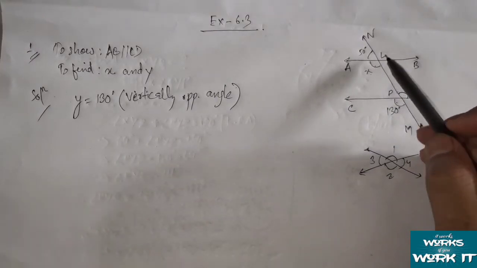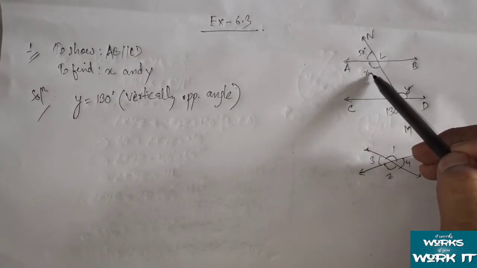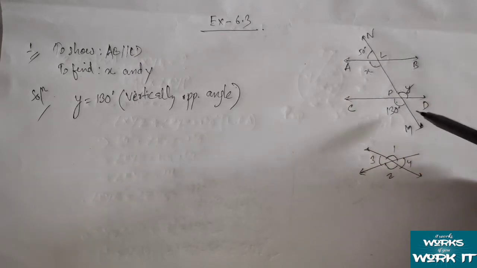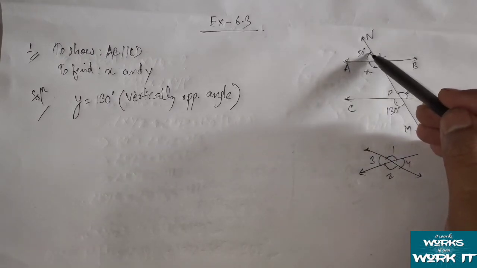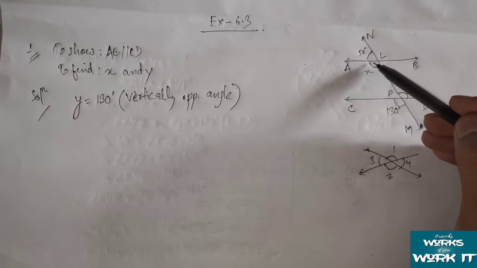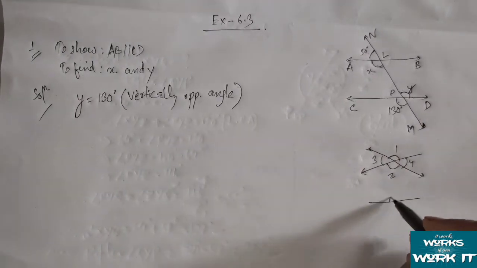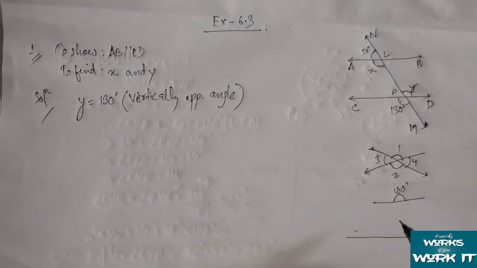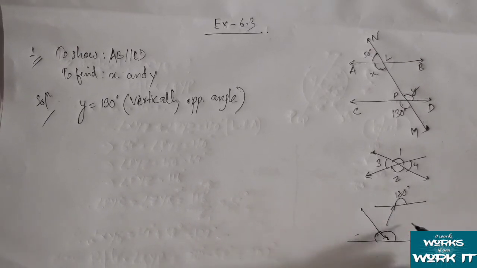Now this one is given 50 degrees and here it is x. We need to find out the value of x. If you see line MN or NM, this is a line, and in this line there are two adjacent angles, this one and this one, and they both will make how much angle? They will make 180 degrees.